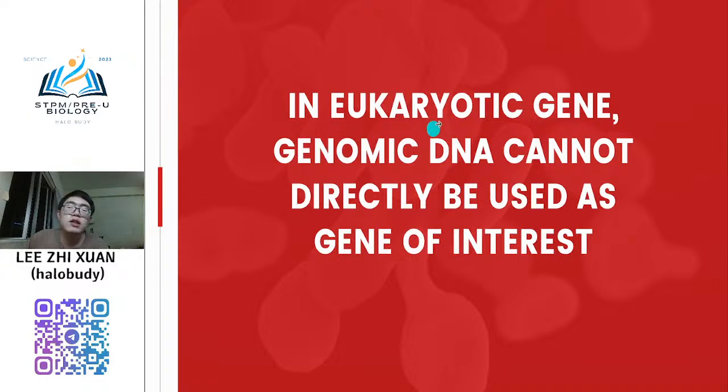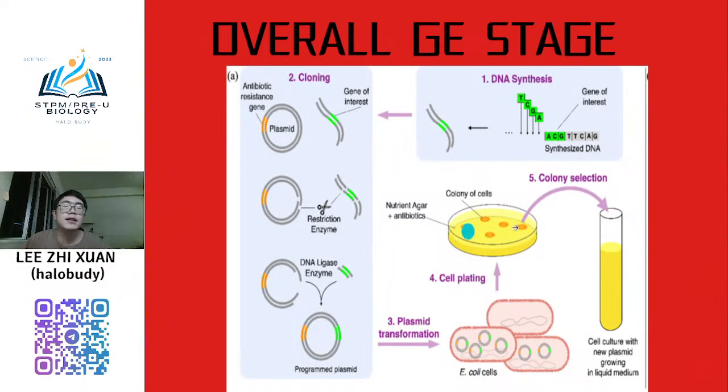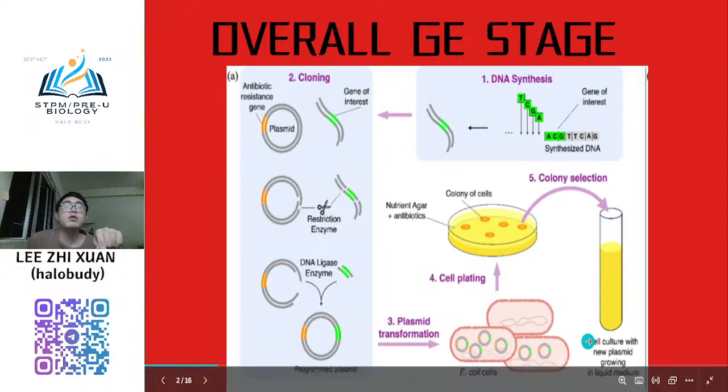Meaning that the eukaryotic gene we cannot directly use as the gene of interest. Unlike the prokaryotic gene, if your gene of interest is a prokaryotic gene, you can directly isolate it and directly insert it. Just directly continue to this process.